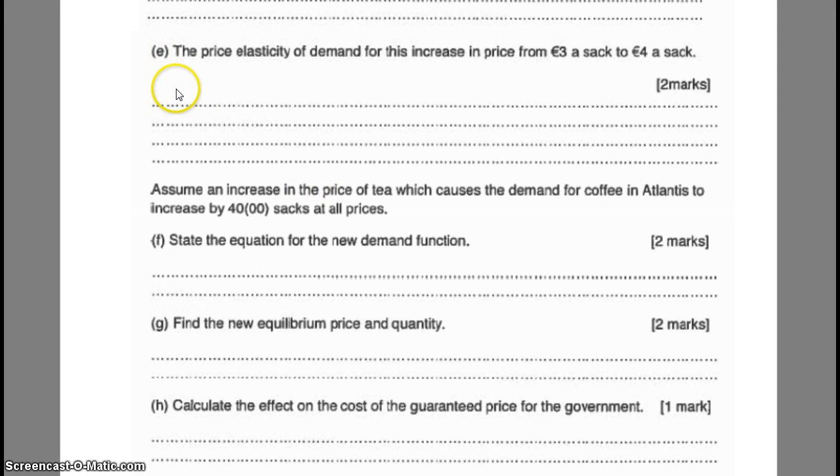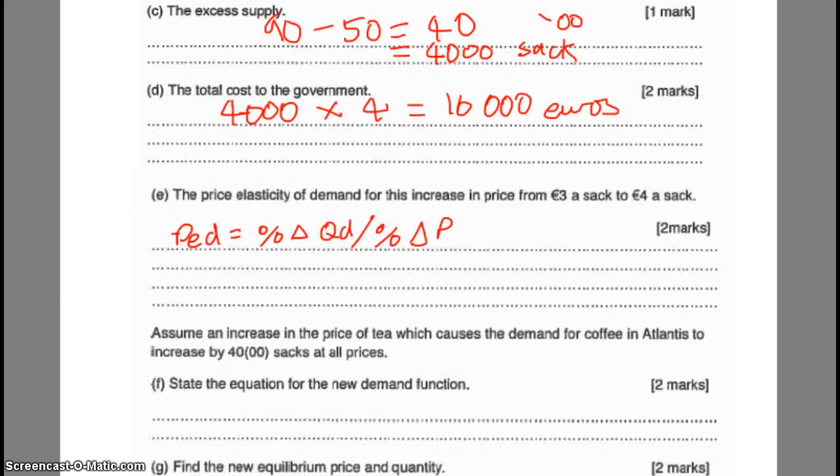Again, fairly simple. We just needed the formula. Price elasticity of demand equals percentage change in quantity demanded divided by percentage change in price. Again, we've got this detail in the table.